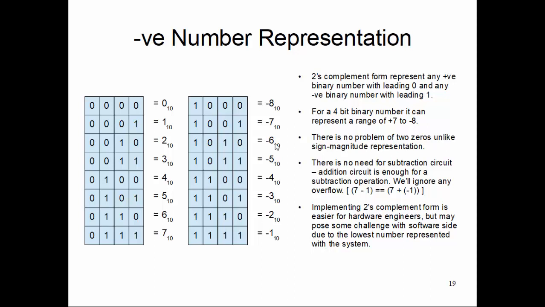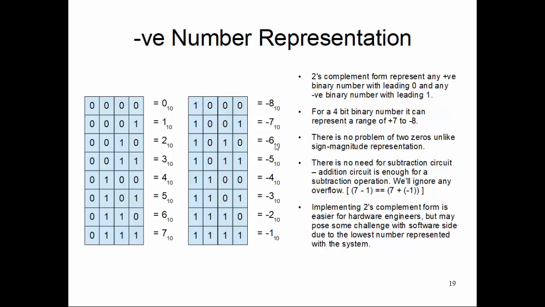It can be any number of bits, but that number of bits must be specified. Otherwise, it doesn't make sense. If I tell you to convert 26 or -26 into 2's complement, that doesn't really make sense. We'll see that in the next one or two examples.